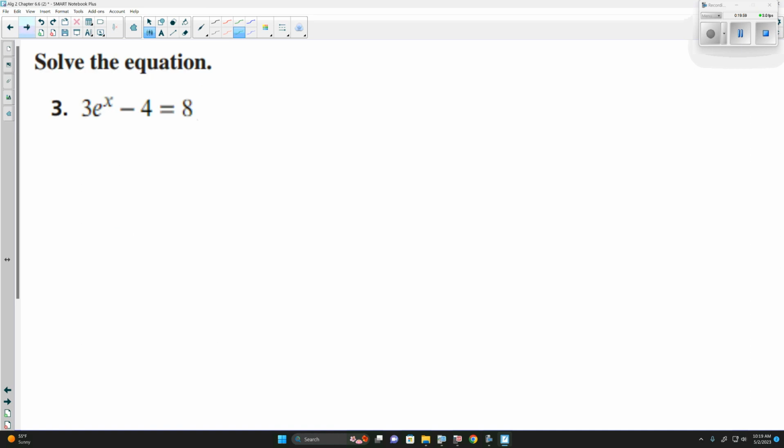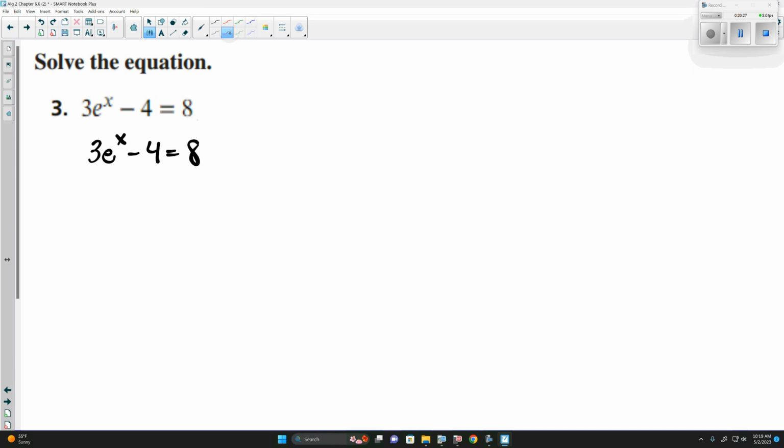So if we look at this next one here, 3e to the x minus 4 is equal to 8. I'm going to rewrite it so that we can see it a little bit better than the very pixelated image on the screen. But again, we do have e to the x, so the first thing we need to do is get e by itself.